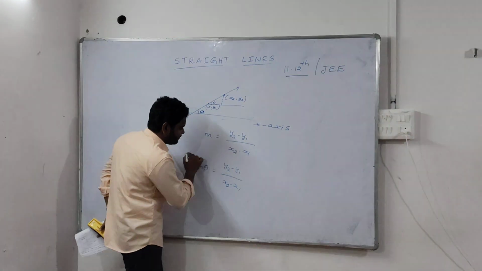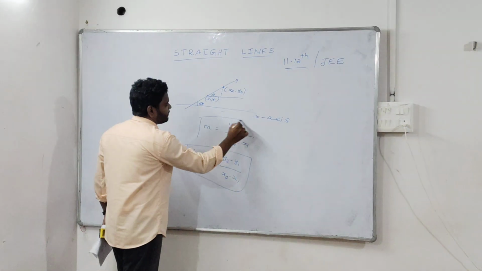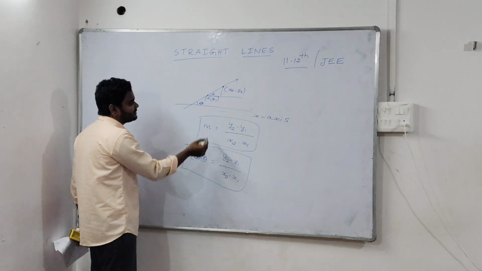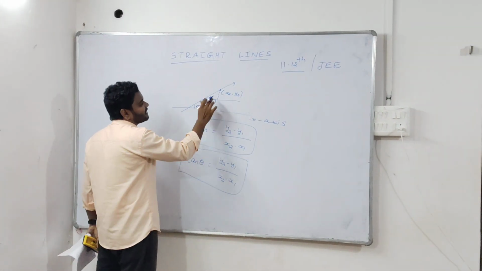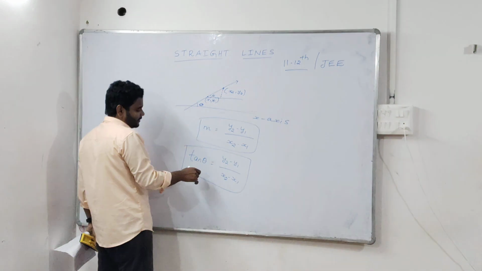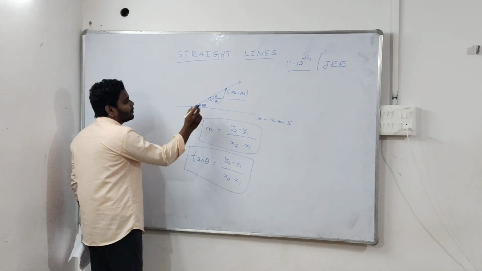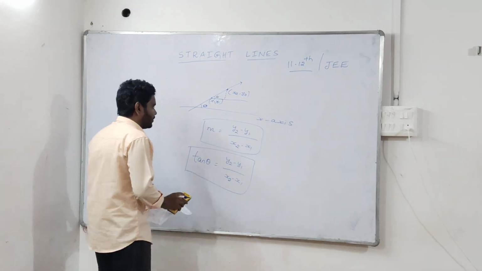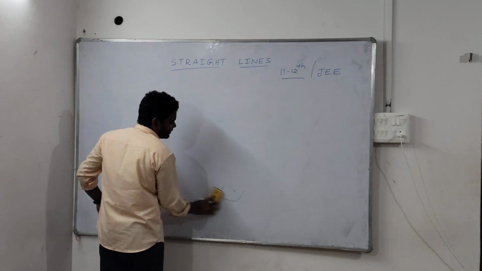So this is the slope, and in terms of theta, this is the slope. These are the slope and tan theta formulas when two points x1, y1 and x2, y2 on a line are given. This is about the slope of a line.